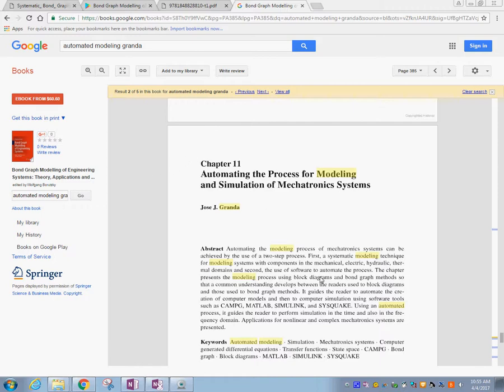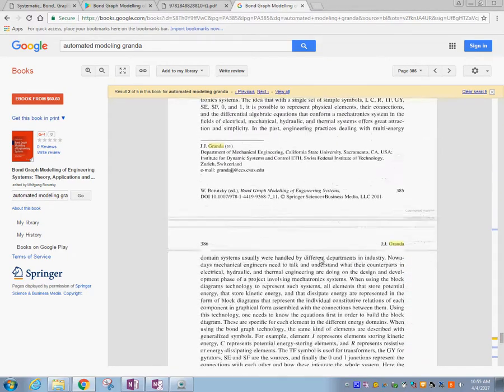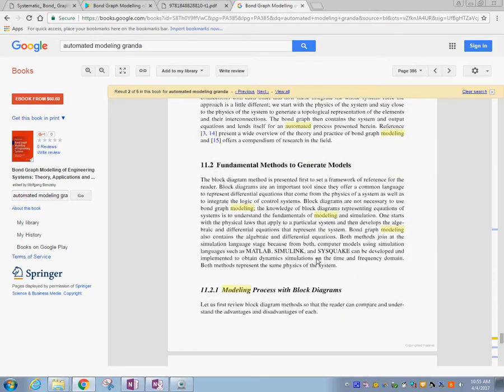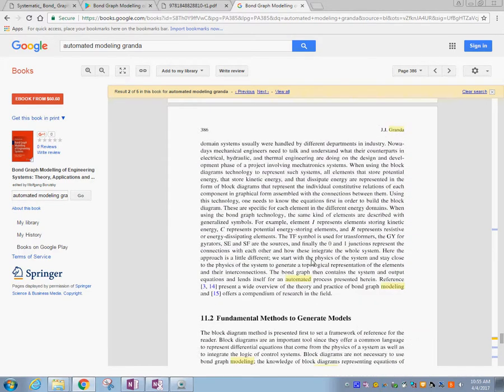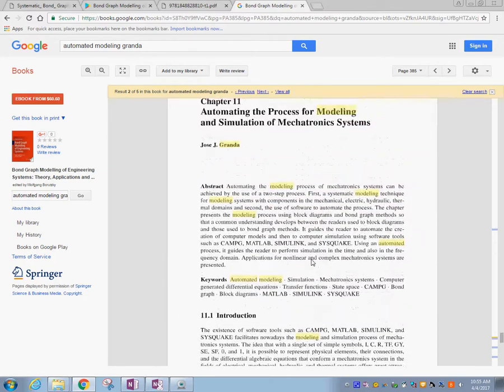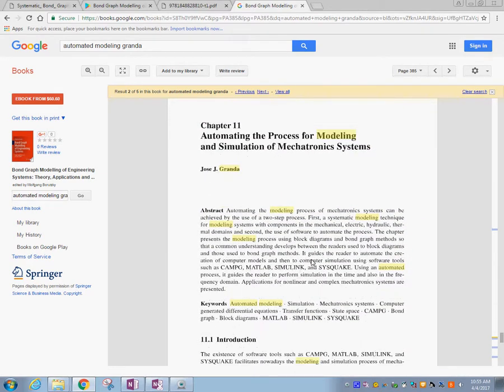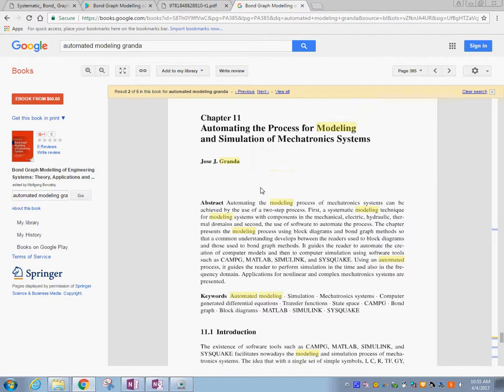In chapter 11 of that book, I wrote this chapter with you in mind, with the student who is trying to learn what bond graphs are like, and this will contain the step-by-steps also for hydraulic systems.